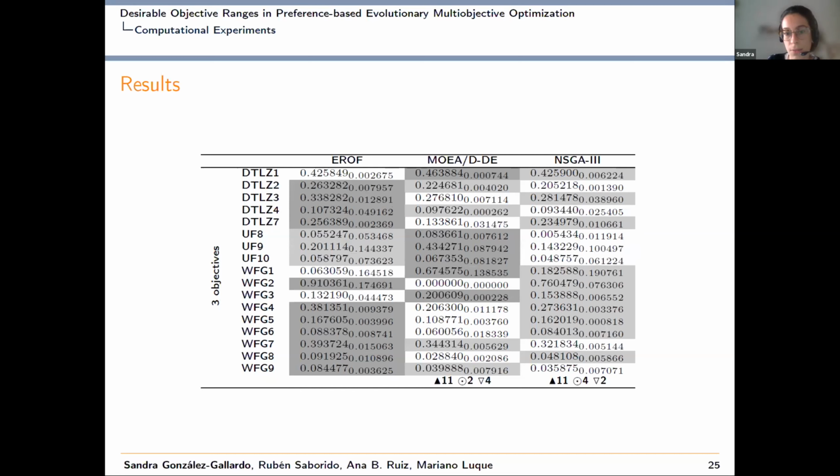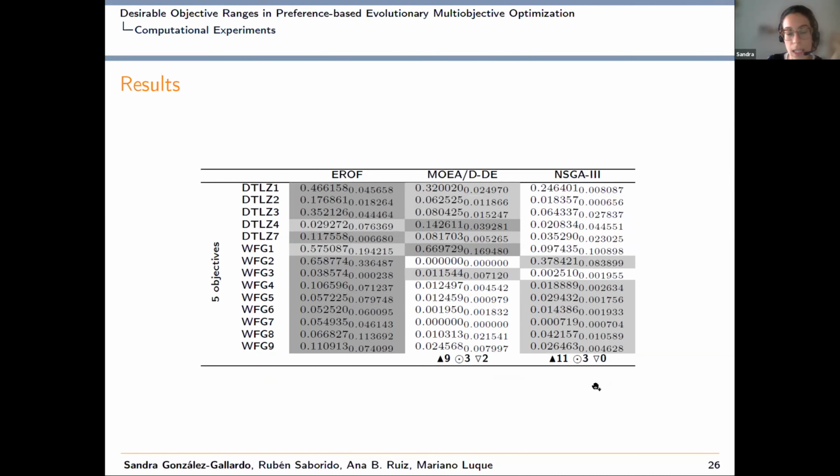Considering three objective function problems, EROF wins in 11 problems in contrast to MOEA/D and NSGA3. Finally, considering 5 objective function problems, we can say that EROF is better in 9 problems in contrast to MOEA/D and 11 problems in contrast to NSGA3.